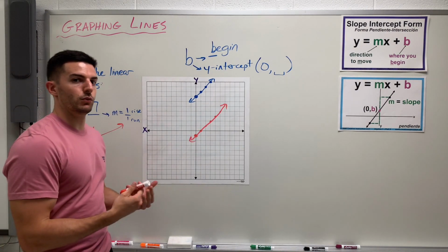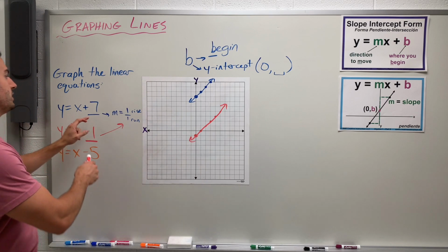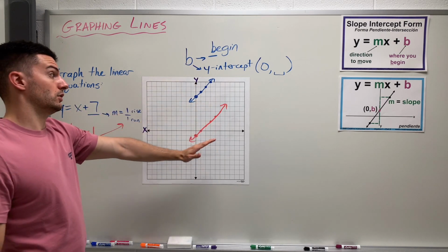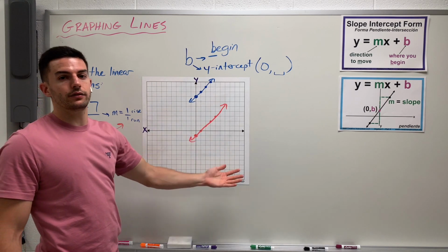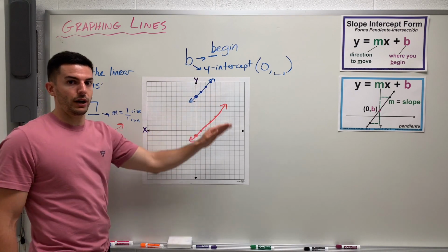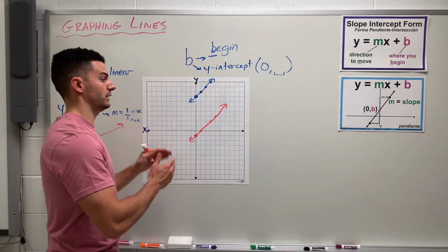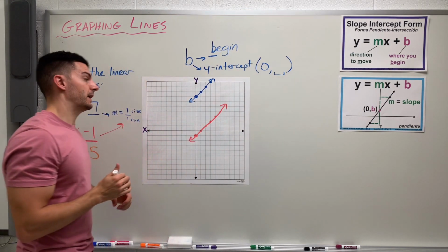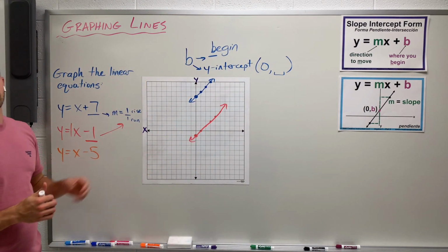So you can see, what does my b value do? If my b values are different, the lines themselves don't look all that different. In fact, you might be able to recognize that these are what we would call parallel lines, meaning they're going the same direction the whole time. They're never going to intersect, and that's true about lines that have the same slope.